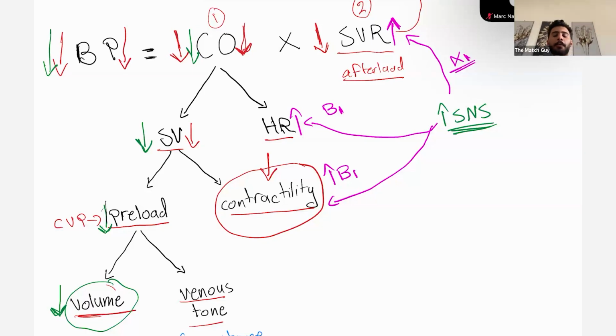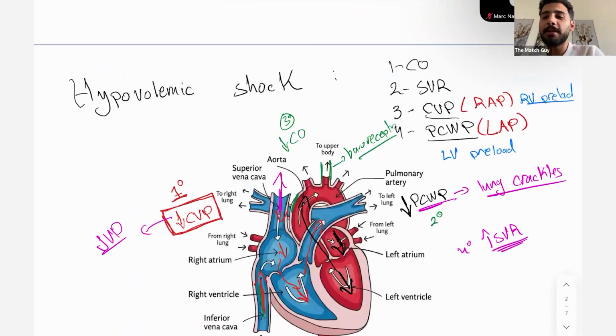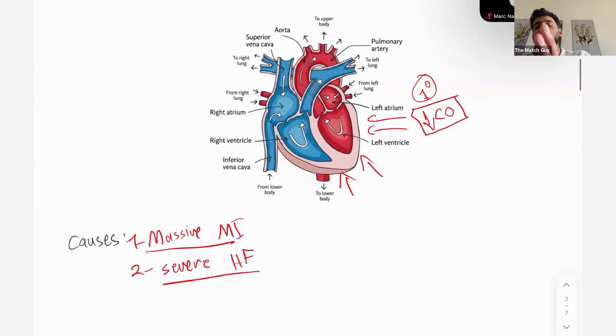Now, coming back to the drawing, we have to follow what is going to happen as a result of this fall in the cardiac output and the problem in the contractility of the heart.